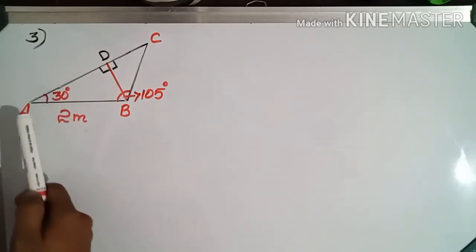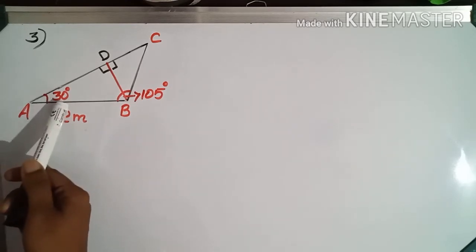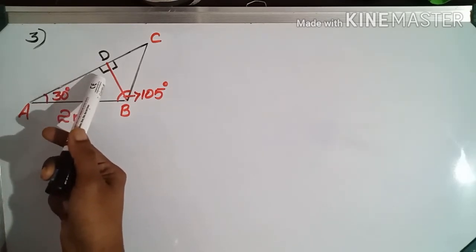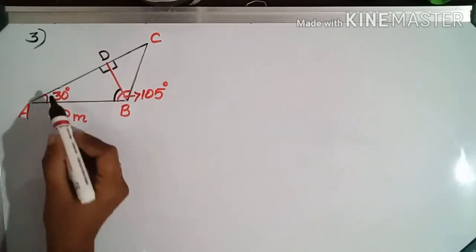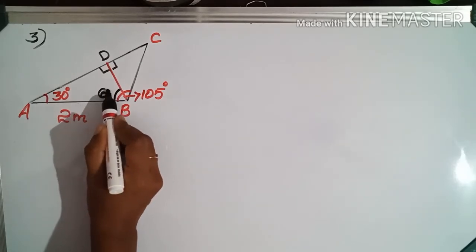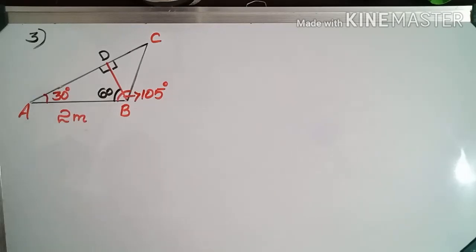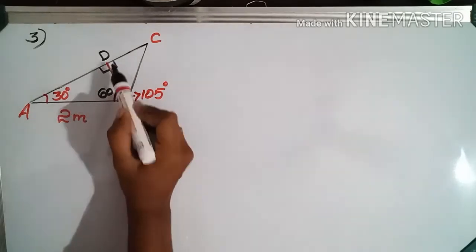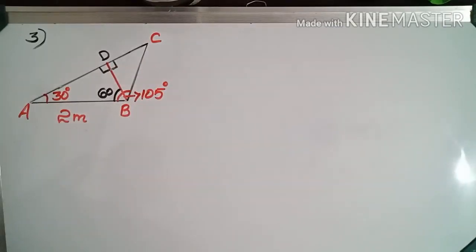Now let's check. For the first triangle ABD, one angle is 30 degree here, the next angle is 90 degree, then the remaining portion will be 60. So 30, 60, 90. Now for the next triangle, one angle here is 90 degree, and here the total is 105.